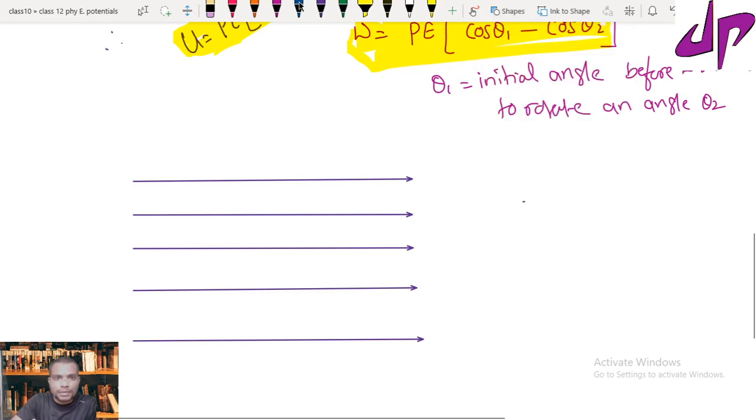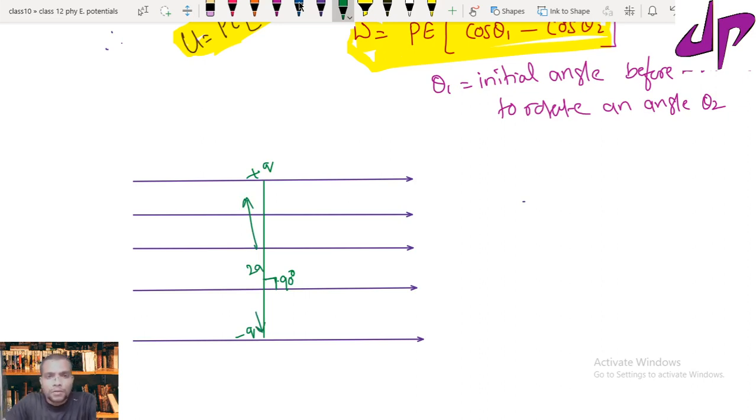So let me draw an electric dipole. Let this electric dipole initially make an angle of 90 degrees with the electric field. Let this be the negative charge and here the positive charge. And this is the dipole length 2a.